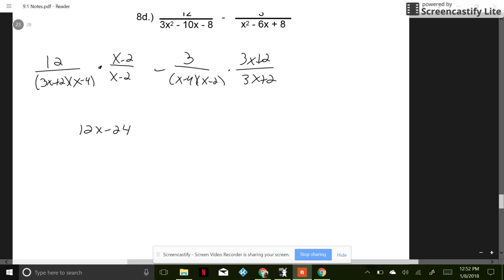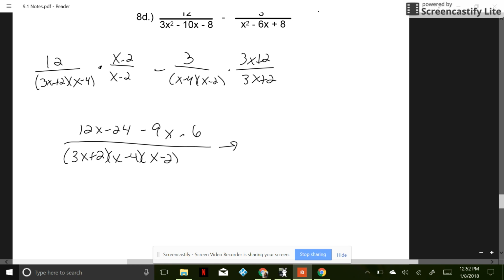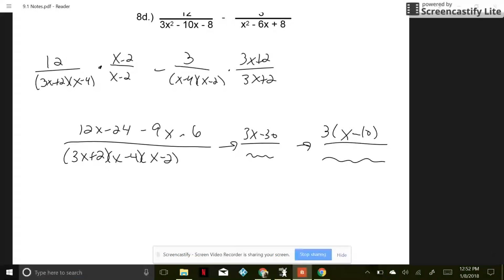Distribute the negative 3 because we're subtracting, we'll get negative 9x minus 6 all over our big denominator, 3x plus 2, x minus 4, x minus 2. Combining like terms, we'll end up with 3x minus 30 over our denominator. And then we can factor out a 3, excuse me, to get our most simplified answer.